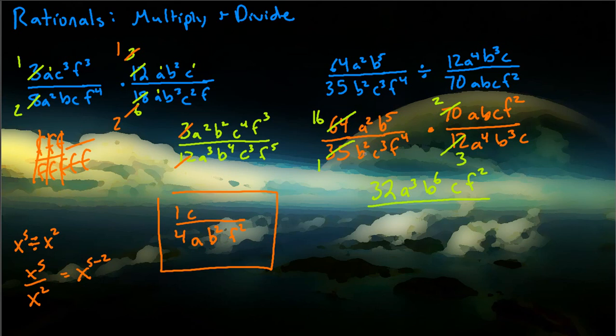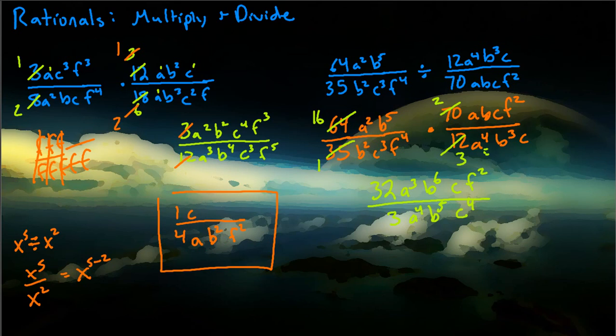all over. B squared times b cubed is going to give me b to the 5th. I note that I also have this a to the fourth here, so I'll copy that down, a to the fourth. 1 times 3, 3. And let's see, c cubed times c is c to the fourth.